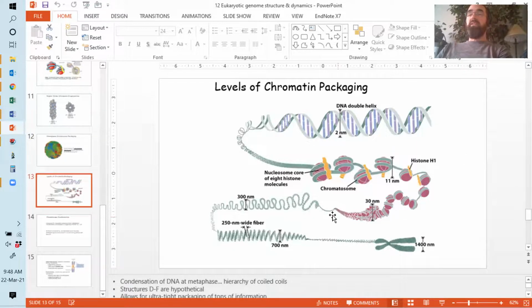And the reason for that is that if you try and separate up a bowl of spaghetti, essentially you're going to break the spaghetti, right? And so these chromosomes have to be packaged down much, much, much more tightly to be able to accurately separate them during M phase.